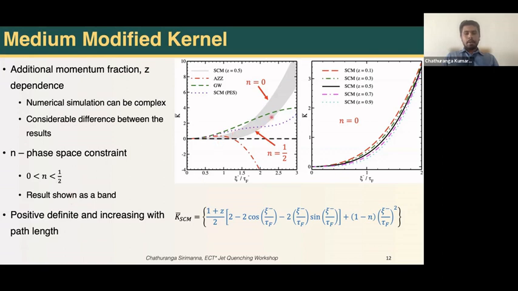The lower line of this band corresponds to n equals half, and the upper line corresponds to n equals 0. This result is positive definite and increasing with path length. And if we ignore the contribution from pre-emission scattering, there's no momentum fraction dependence, and this result reduces to this purple dotted line as shown here.